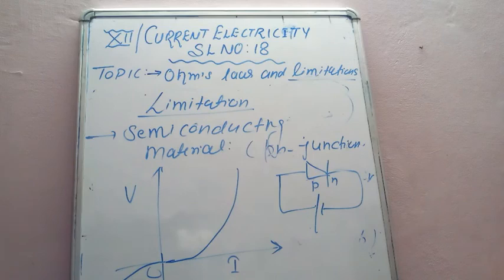So if a question is asked to write at least two limitations of Ohm's law, we can write: first, for a conductor at higher temperature, it will not obey the linear relationship between V and I. Second, for semiconducting material under two different biasings, the VI relationship is not linear, or we can say that the semiconducting material does not obey Ohm's law. Sometimes the question can be asked in this way.